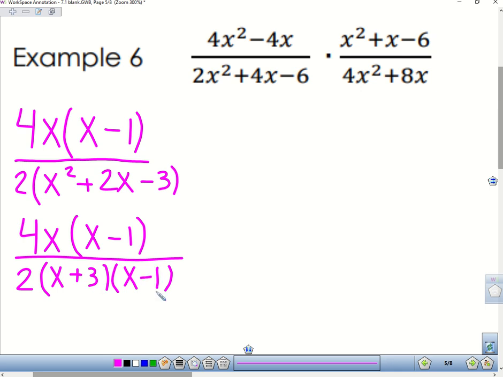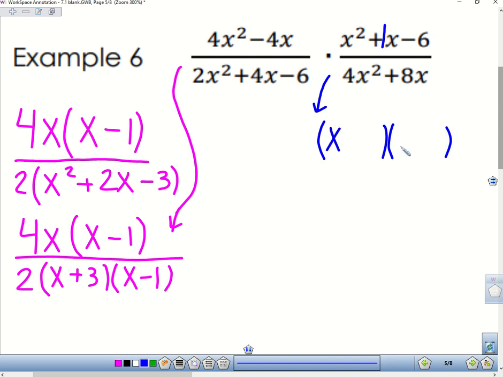And now we have our factored form of our original fraction. Now we're going to move on to doing the same thing with this fraction here. So we're just going to factor it. And remember, this is a 1 in front of this. So what are factors of -6 that add up to a +1?